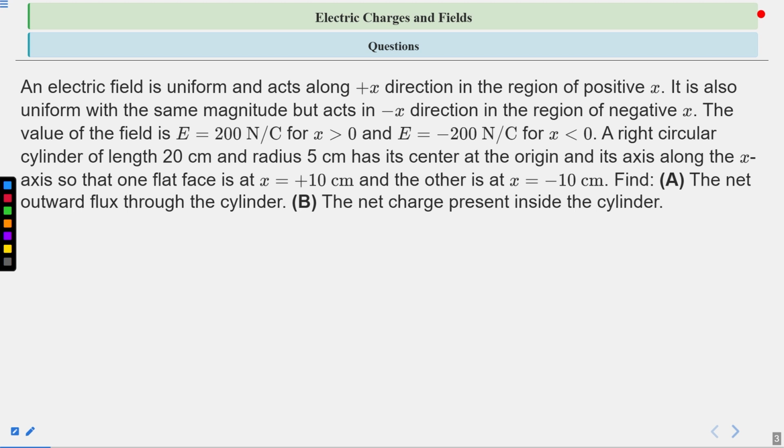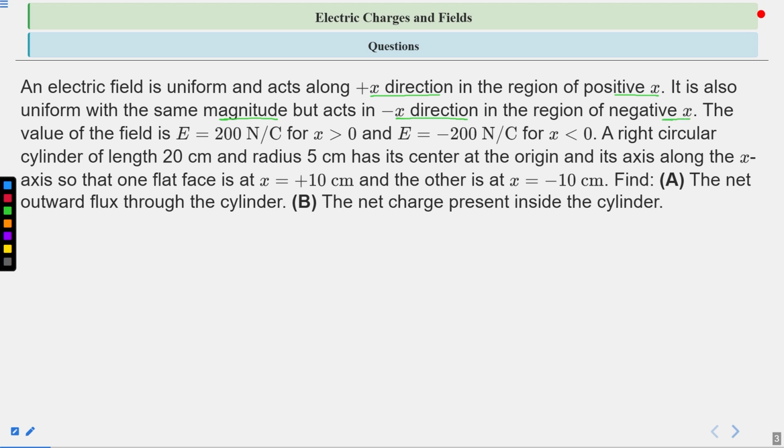So, our question is: an electric field is uniform and acts along x direction in the region of positive x. It is also uniform with the same magnitude, but the direction is opposite, or we can say minus x direction, in the region of negative x.